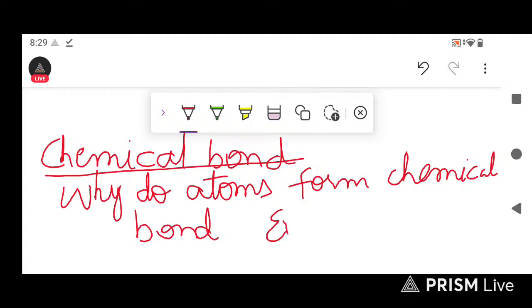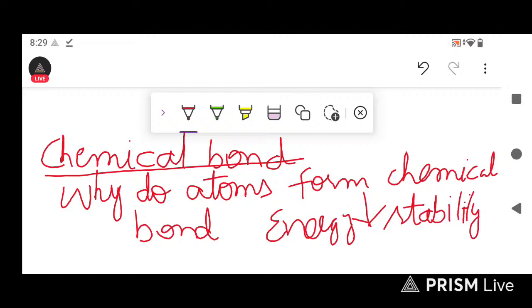So every atom wants to become stable, and in order to form a stable bond, they must lower their energy. It's a very simple answer.